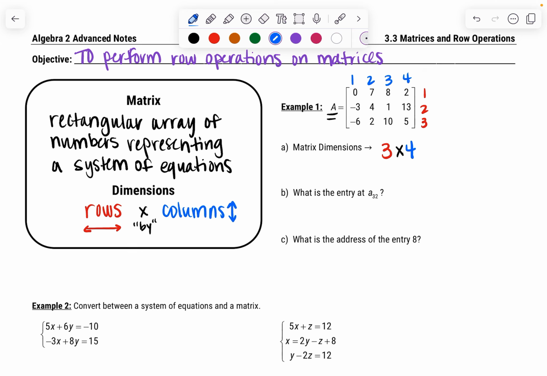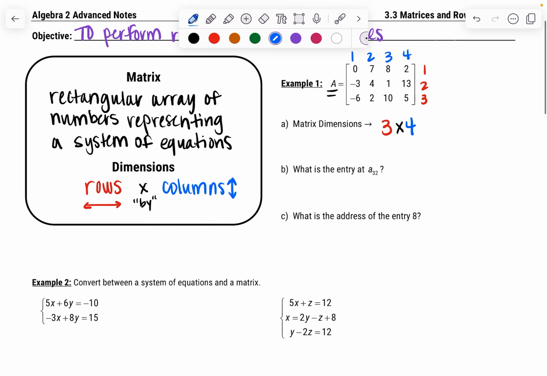Now, something that we like to include just in case you see notation like this on one of your TSIs or ACT or PSAT is going to be the entry address. So if I see lowercase a in this case, and it has a little subscript next to it, this is just telling me to look at row 3 and to look at column 2.